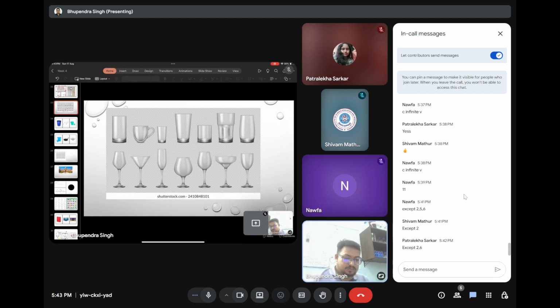Okay. What is so special about this 5 and 6? In glass number 2, this handle is there. That I can see. This is different, but what is the difference in 5 and 6 glass from the other glasses?